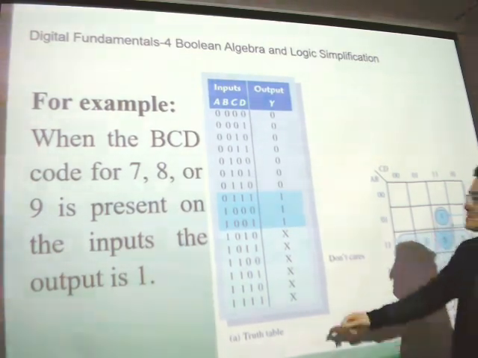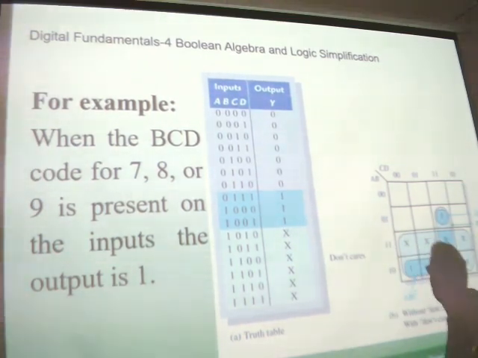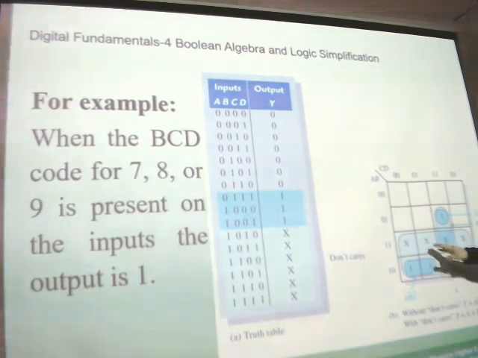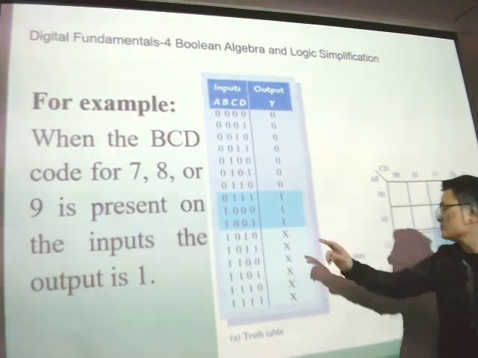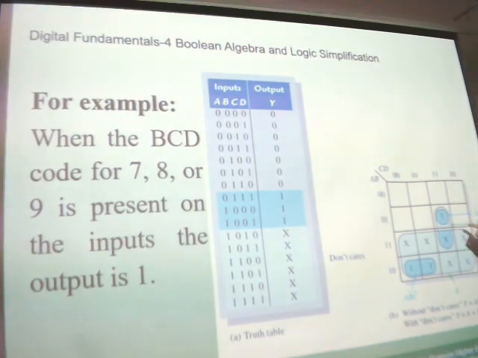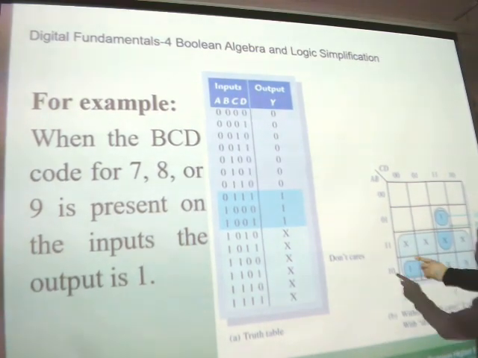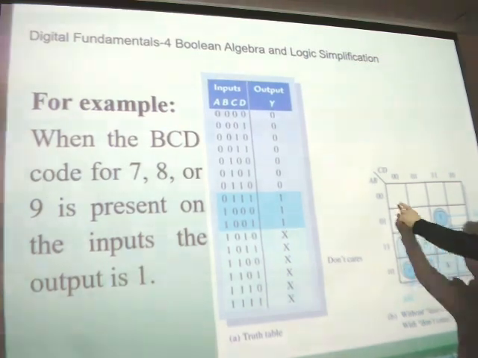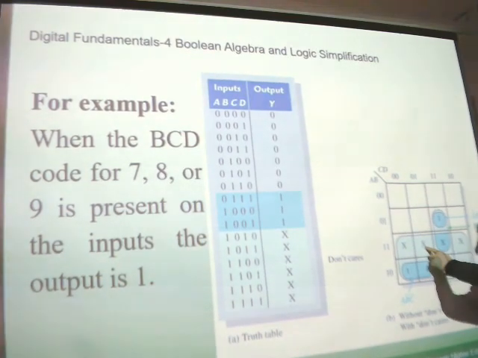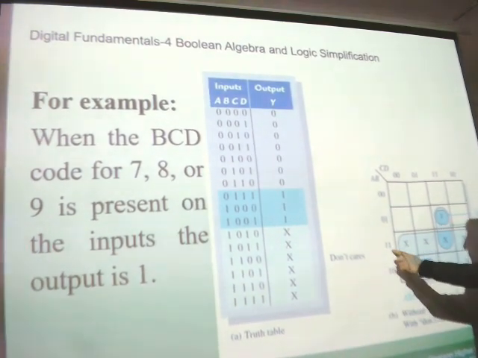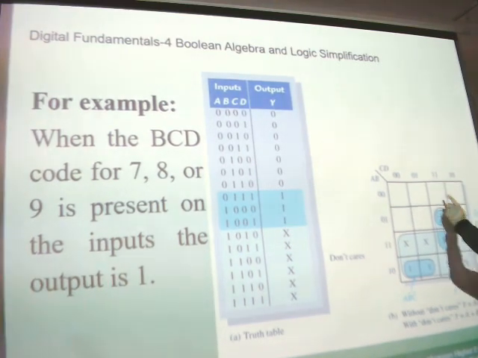And the 6 product terms are output X, so we must write down the 6 X's on the Karnaugh map. 1 0 1 0 1 0 1 X 1 0 1 1 1 0 1 1 1 1 1 1, 0 0 1 1 0 0 1 1 0 1 1 1 0 1, that's 1 1 1 1 0, 1 1 plus 1 0, that is 1 1 1 1 1 1 1 1 1.